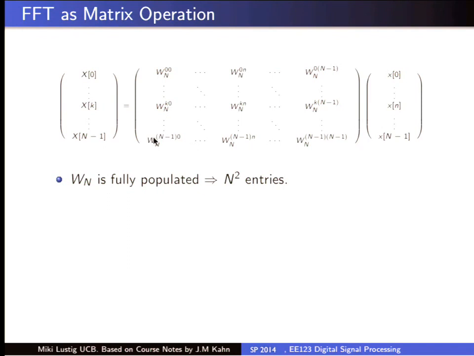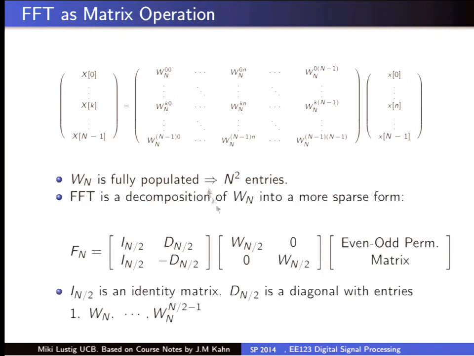So if we think about it as a matrix operation, this is also nice to see how that fits. If you have the FFT as a matrix, this is a full matrix. But what the FFT algorithm does is decompose W sub n into sparse matrices.